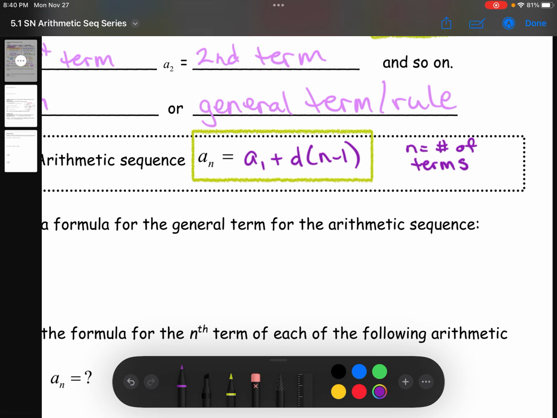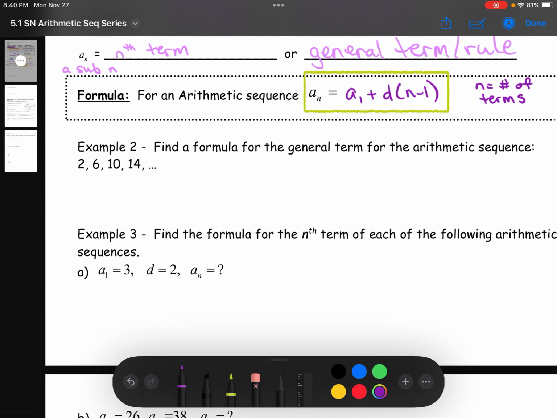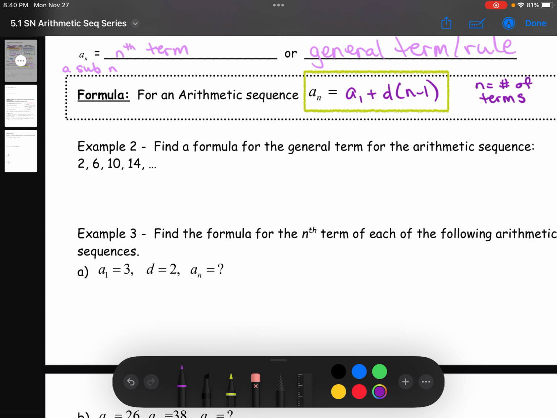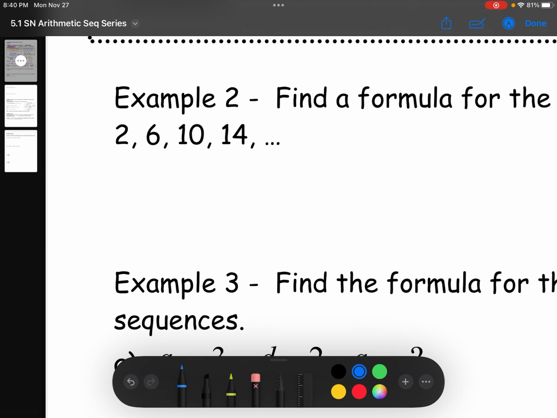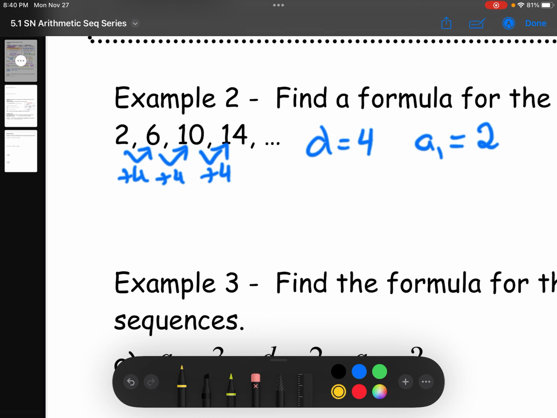So, we're finding the formula for the general term of this arithmetic sequence. This is the one we saw above. That common difference was 4. We're adding 4 to get to each consecutive term. A sub 1, that first term, is 2.